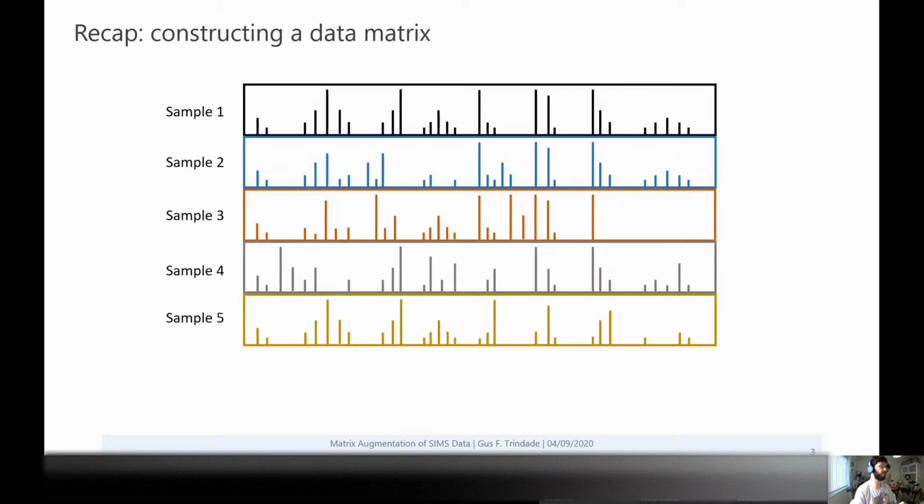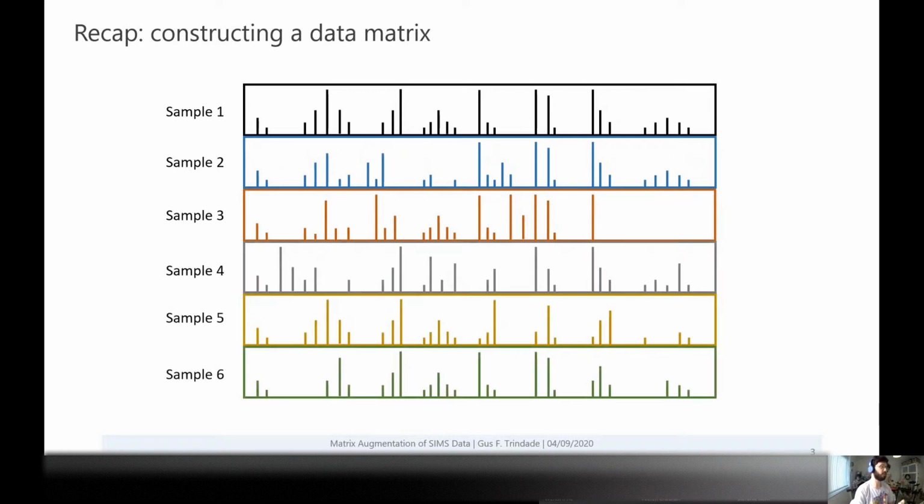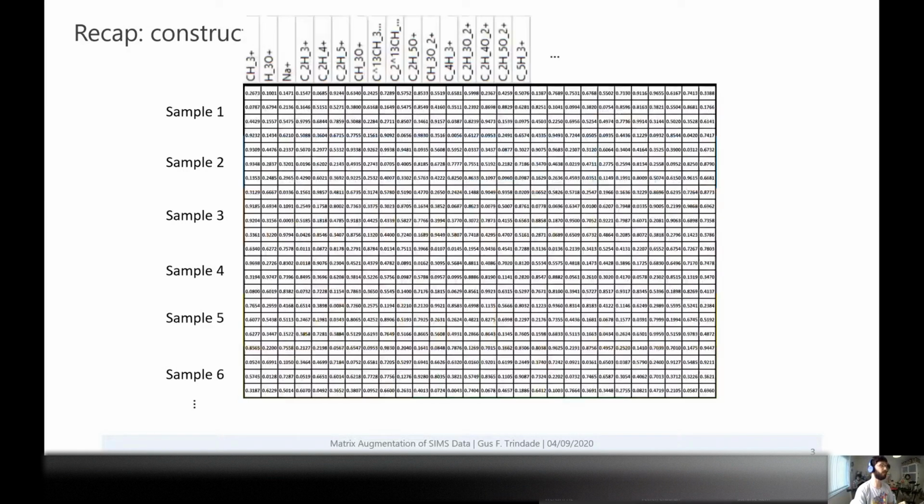Let's say we do it for 6 samples or more. We end up with this matrix where the rows are the samples and the columns are the peaks, typically the peak area. So we export something like this to be our data matrix. Each row is related to a sample, so it's just another way of seeing the spectra from the samples in this matrix form.